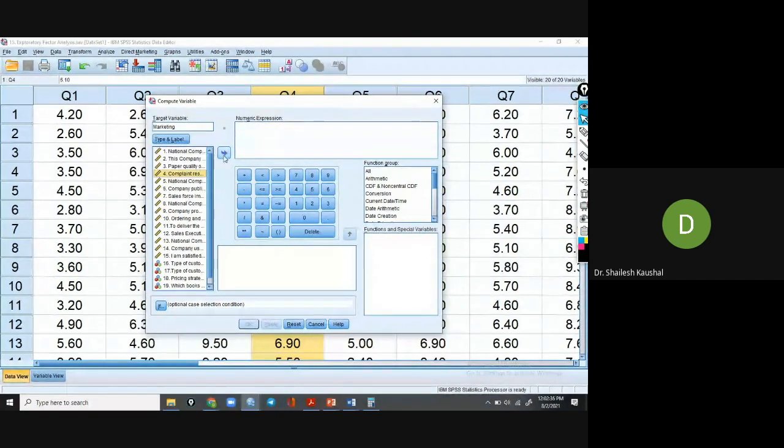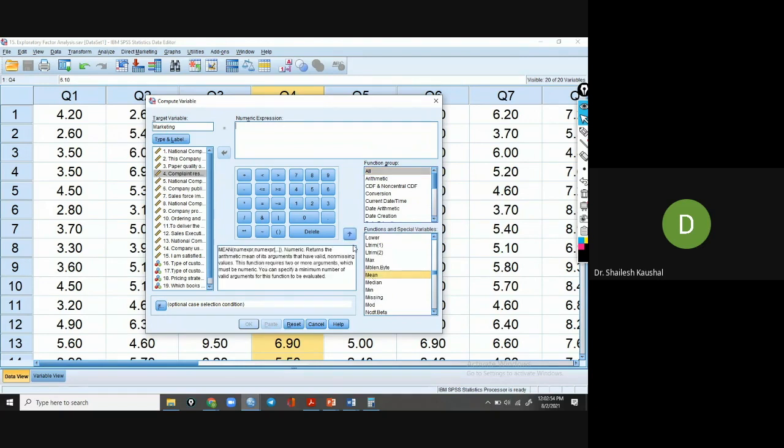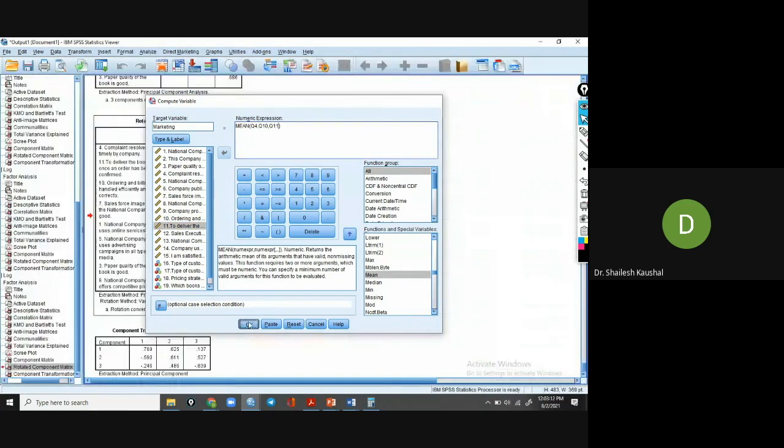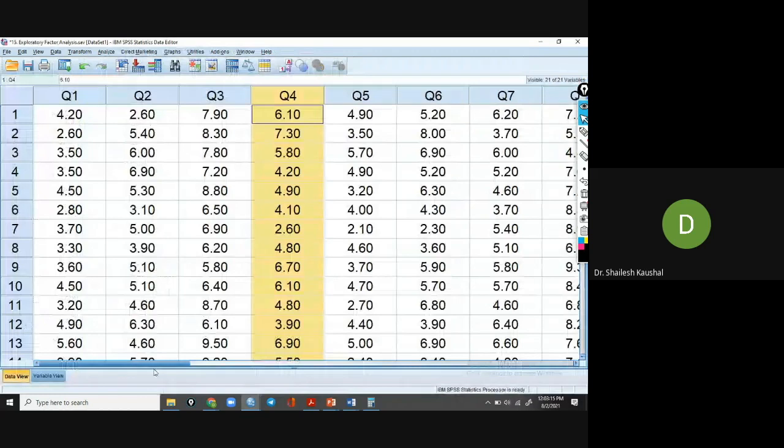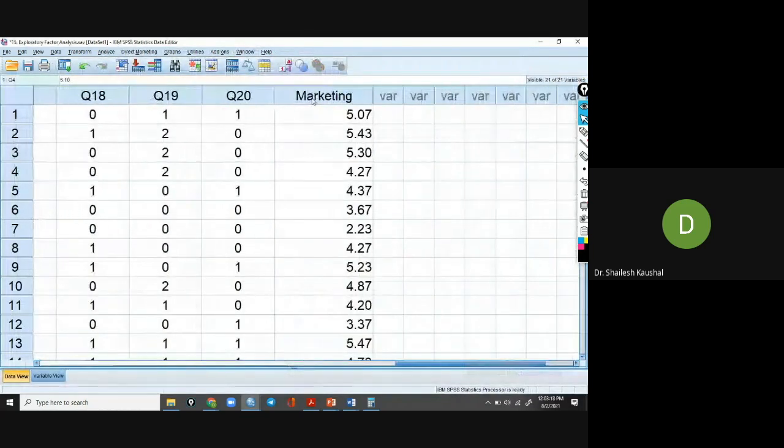Selecting mean from here, I am taking the mean of the three questions: question number 4, question number 10, and question number 11. Okay, and after okay I have created one variable.